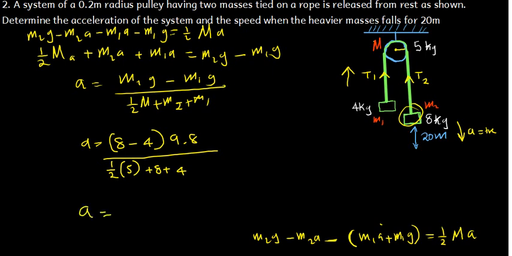So let's calculate that. 8 minus 4, that is 4, and 4 multiplied by 9.8, that is 39.2. In the denominator, we've got 5 divided by 2 plus 8 plus 4, which is 14.5. Therefore, the acceleration is going to give us 39.2 divided by 14.5.